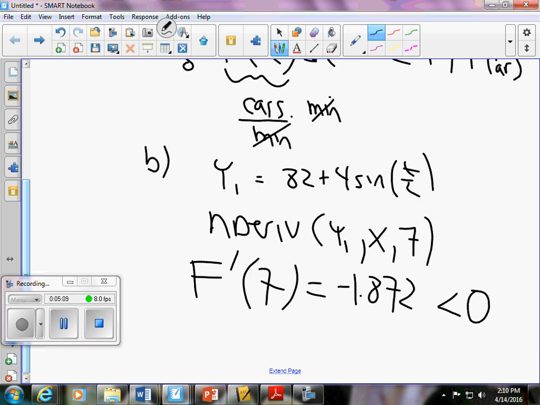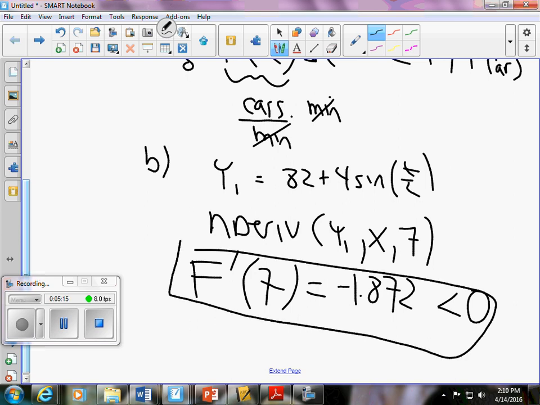You just want to show that a function is decreasing when the derivative is negative. So you're just showing this, and then your conclusion: if you got that its derivative at 7 is negative, that means that f of t is decreasing. The traffic flow is decreasing at 7.